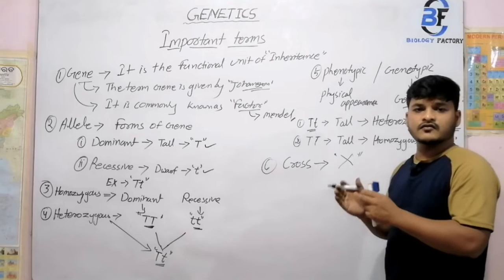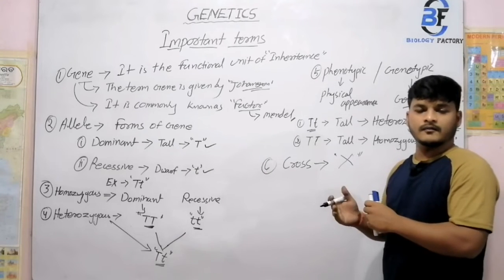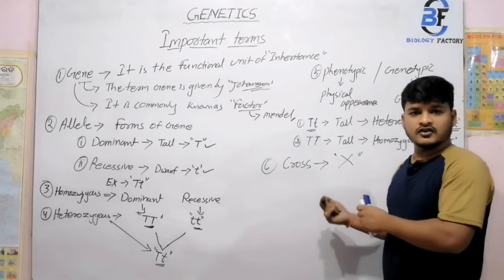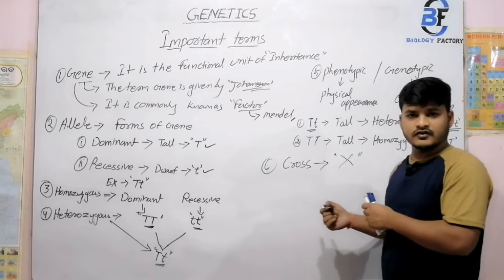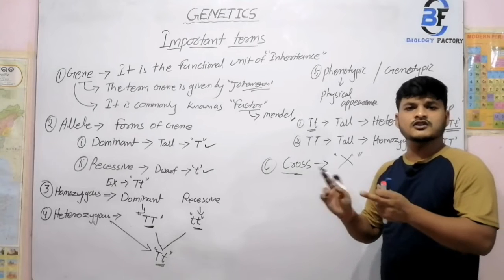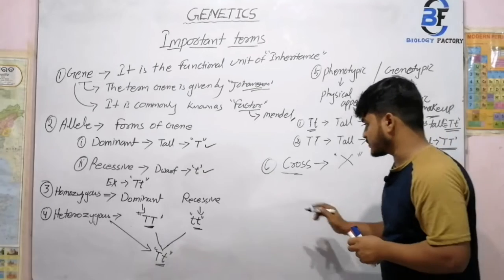So when we cross between two different characters, it is known as a cross. For crossing we use a number of terms, which we will discuss in a couple of stages later. Cross means just mixing of two, that means breeding of two characters.